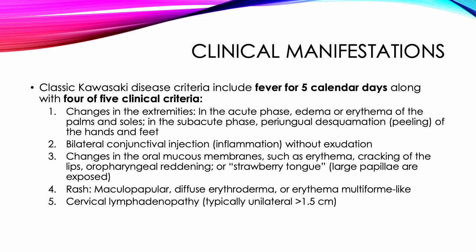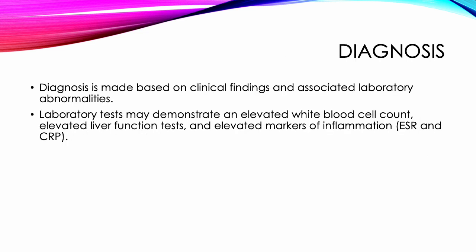The diagnosis of Kawasaki's disease is going to be made by the presence of fever, as well as 4 out of 5 of these findings. However, in addition, we're also going to check laboratory tests. And we're going to check any tests that have to do with inflammation.